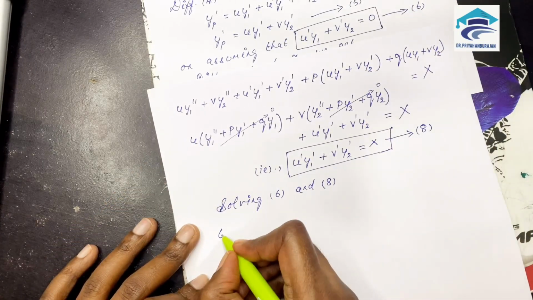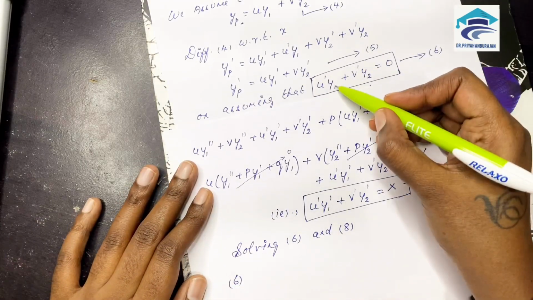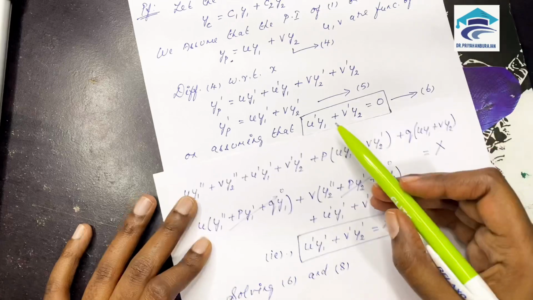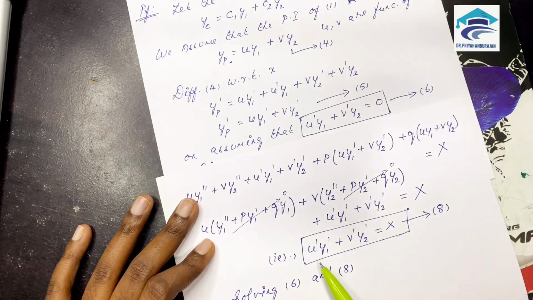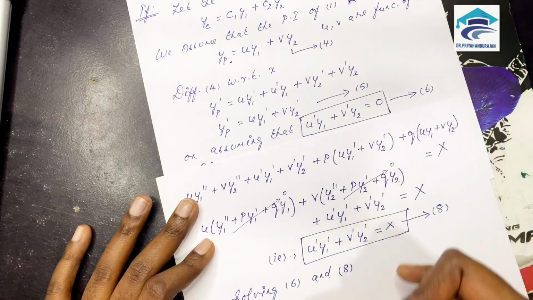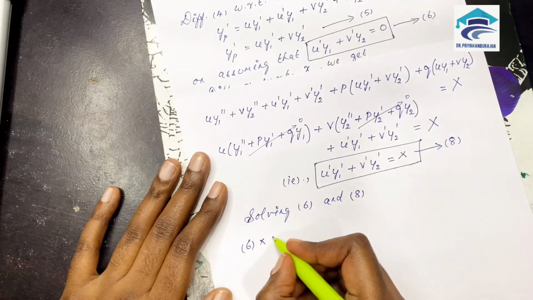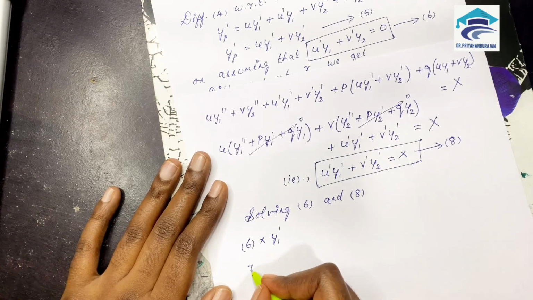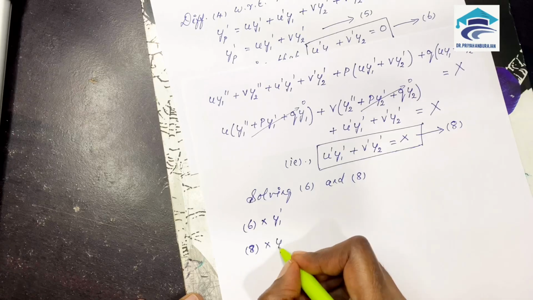So in order to solve for u dash and v dash, let me multiply this equation with y1 dash and this equation with y1, so that I can cancel one term. So 6 into y1 dash and 8 into y1.